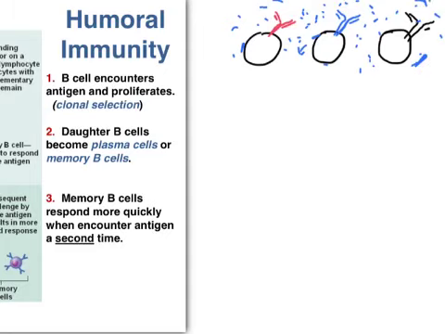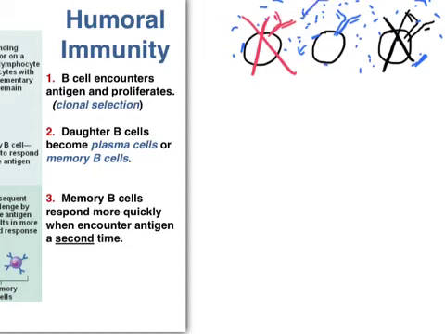Now, the B cell with the black B cell receptor isn't seeing its antigen, so it's not going to proliferate. The B cell with the red B cell receptor also isn't seeing its antigen. It's not going to proliferate.